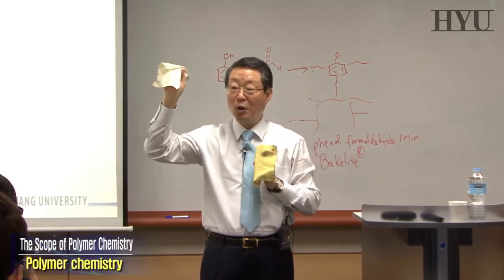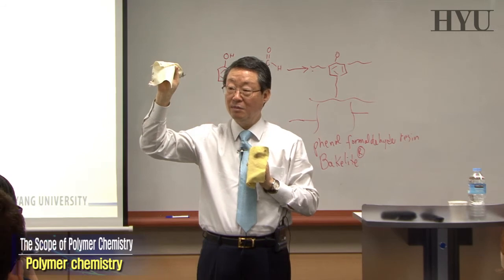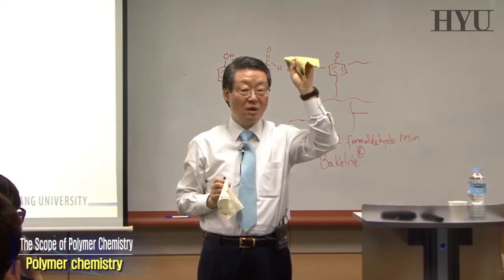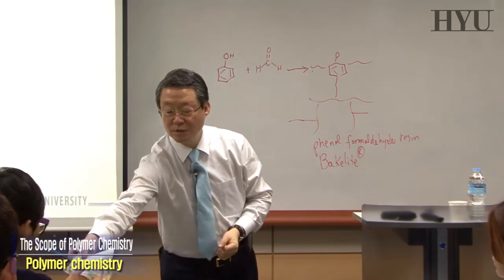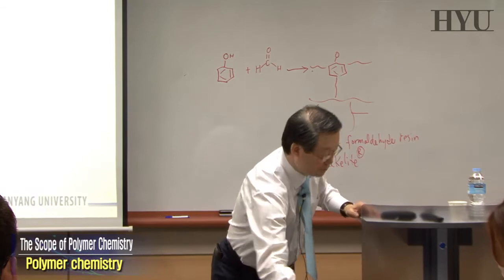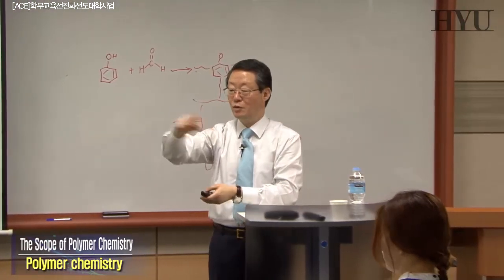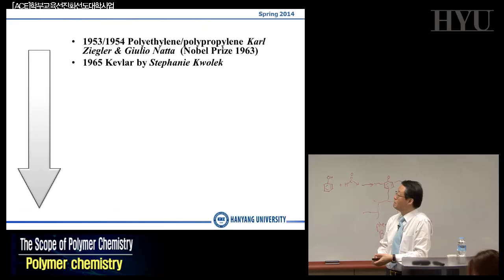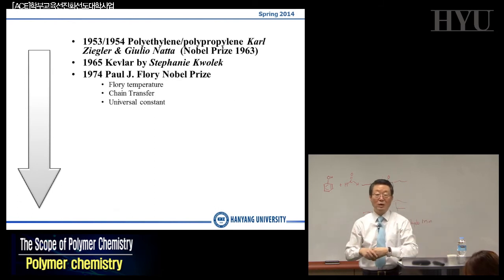So the meta position one, of course, has heat resistance, but it's not as high as the para positioned aromatic ring, which is Kevlar. Okay? Anyway, so Kevlar is very widely used right now.